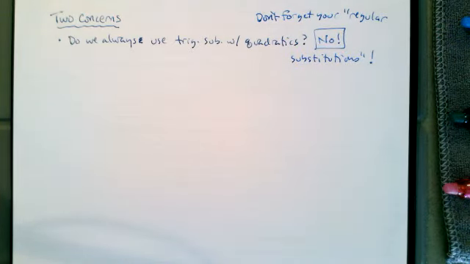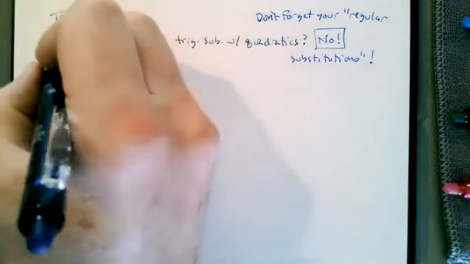And the second concern, one that we might not have thought of, is what happens if there's an x term? You're talking about these quadratics. What if the quadratic has an x term?